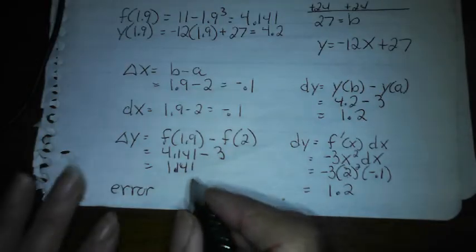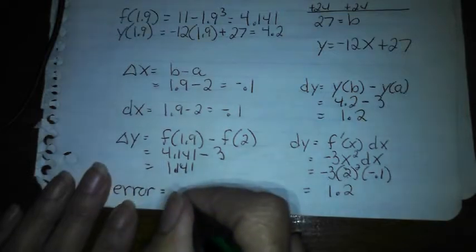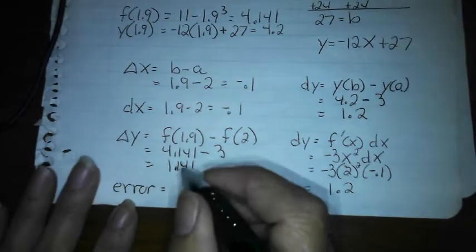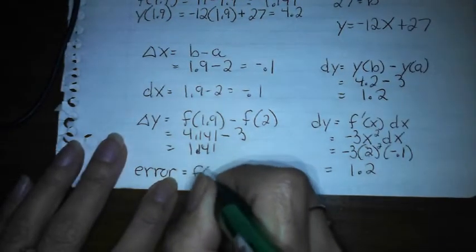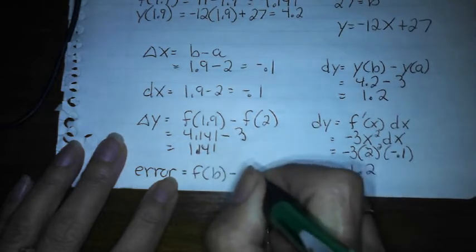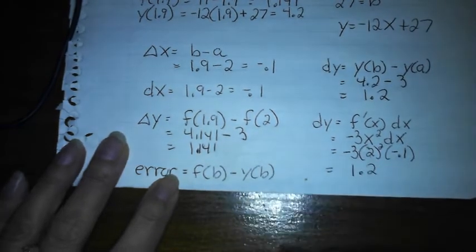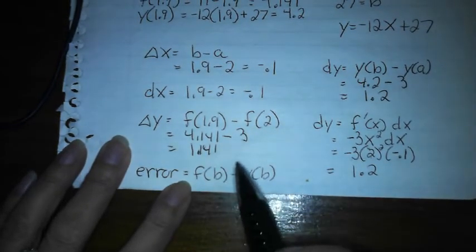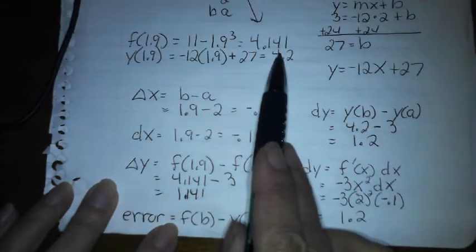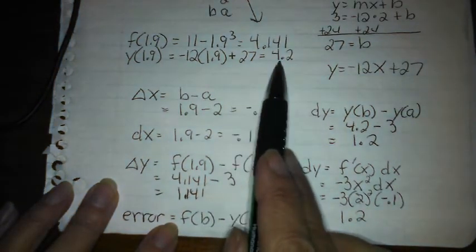So we want the function y value minus the tangent line y value. So function is 4.141 and tangent is 4.2.